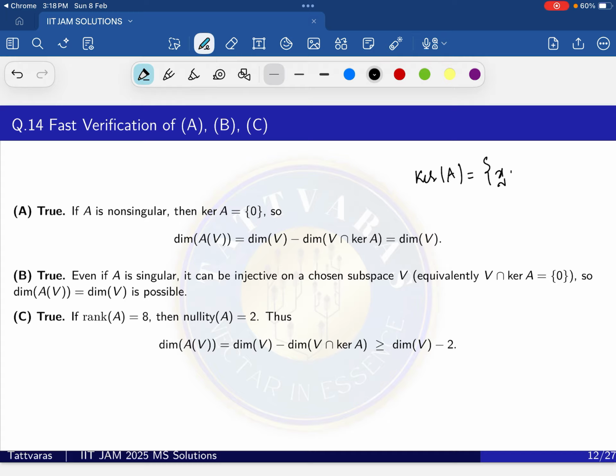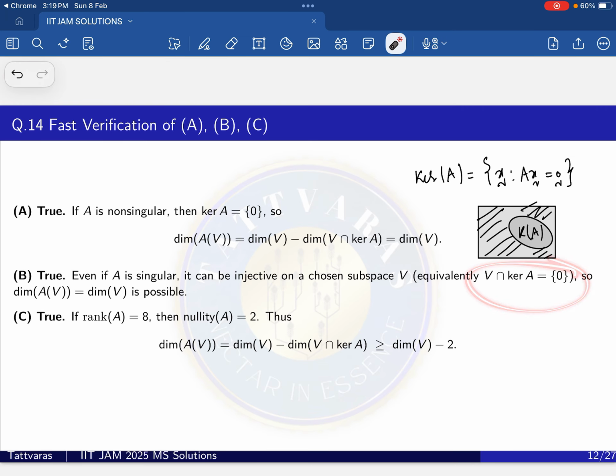So that is all x such that Ax equal to 0. Now think about the entire set V, and from there you are perhaps taking out this set, the kernel of A. Whatever is left behind there, from there you can perhaps take the elements of V, and that will result in this intersection being 0.